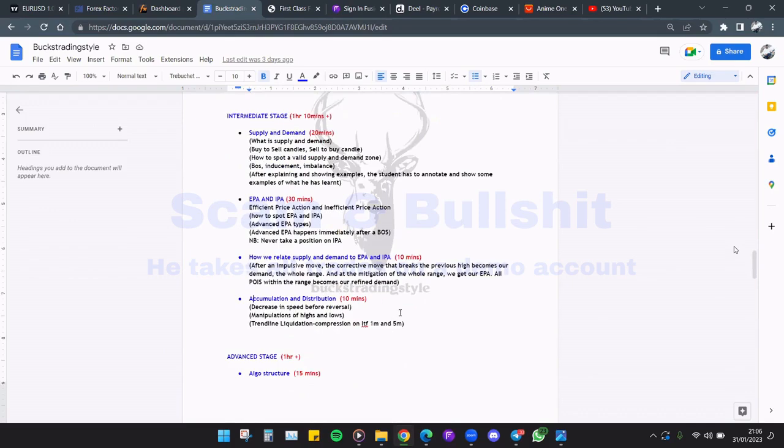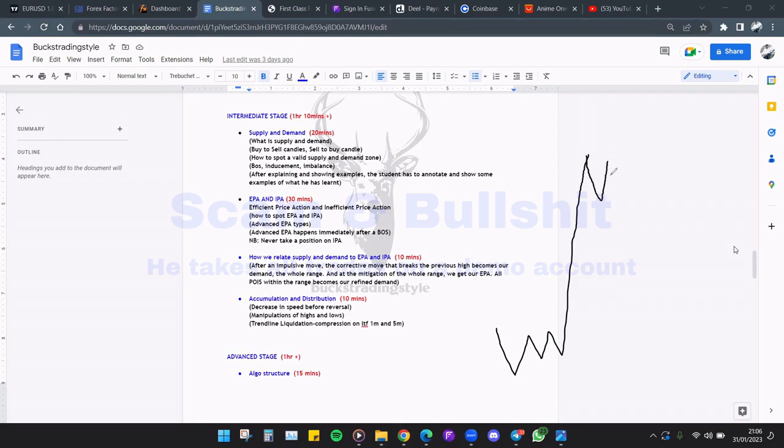So now let's round up the accumulation and distribution. When price is moving in an uptrend, we have a bullish order flow, right? Price needs to slow down. Price needs to catch a break.